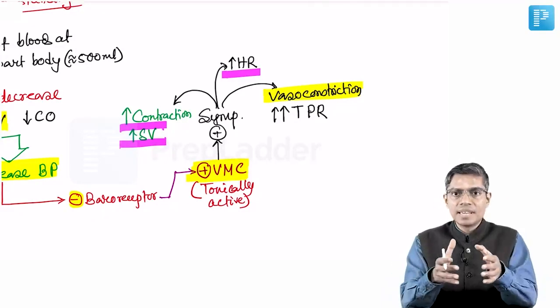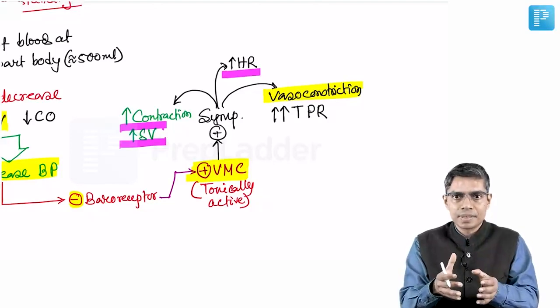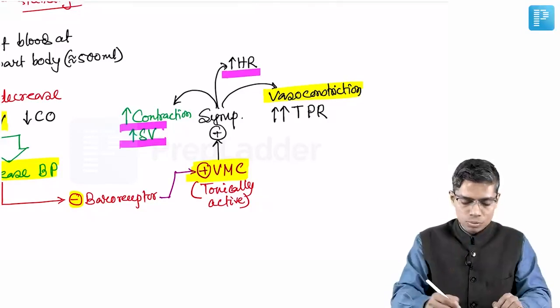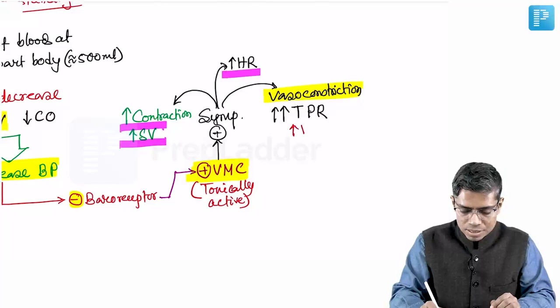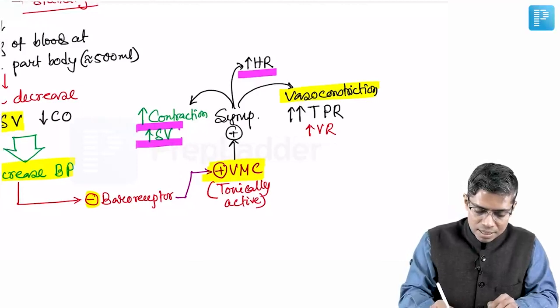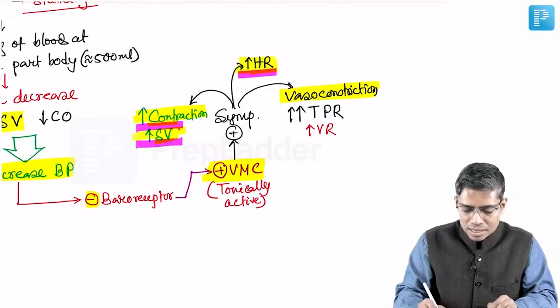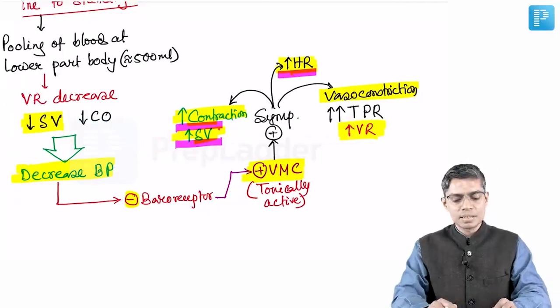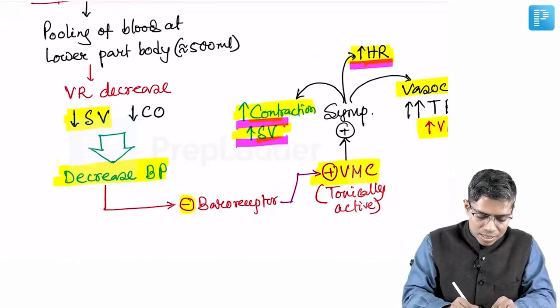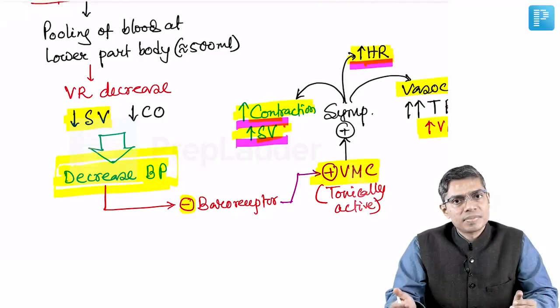If you compress the vein, the extra blood which was pooled in the venous system will be pushed toward the heart. So this is going to increase the venous return also. By all these means, increase in contraction, increase in stroke volume, increase in heart rate, increase in venous return, the blood pressure which had decreased will be corrected soon, right?